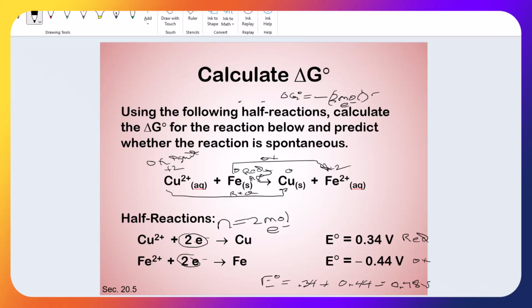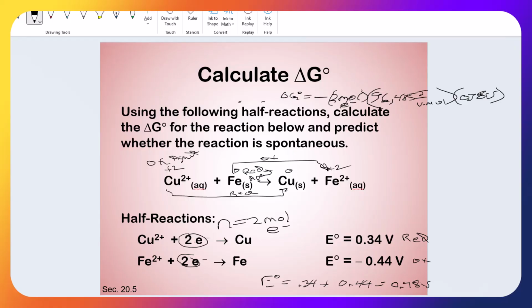Now Faraday's constant, 96,485 joules per volt mole, and then times the cell potential, which we figured out was 0.78 volts. Let's just make sure the units cancel.